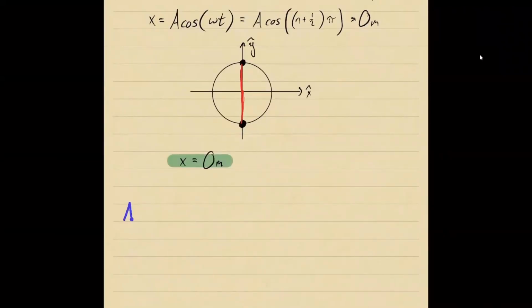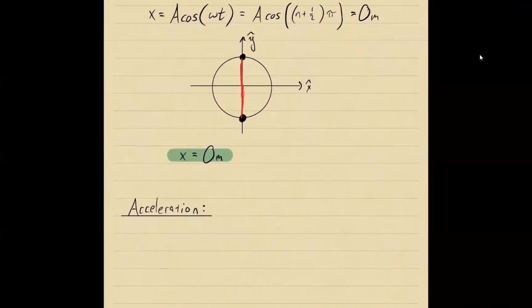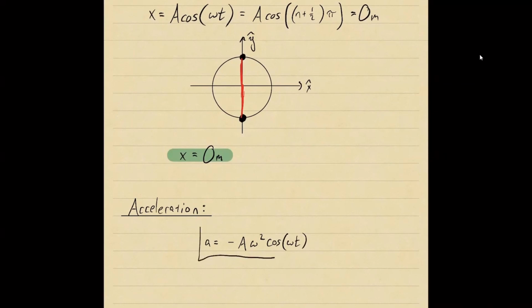The acceleration of an object undergoing simple harmonic motion is given by a equals minus the amplitude A times omega squared times cosine omega t. Right, this also has units of meters per second squared. It's an acceleration.